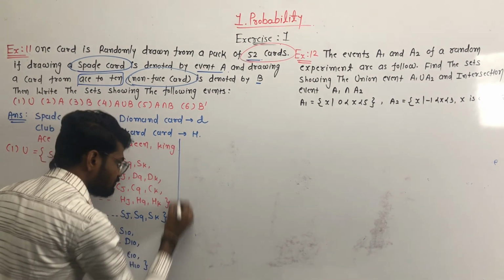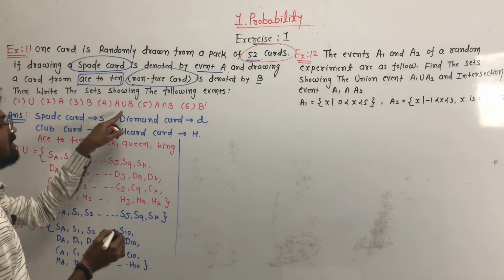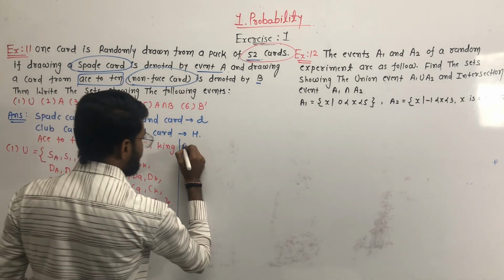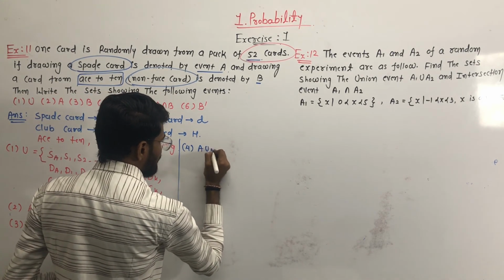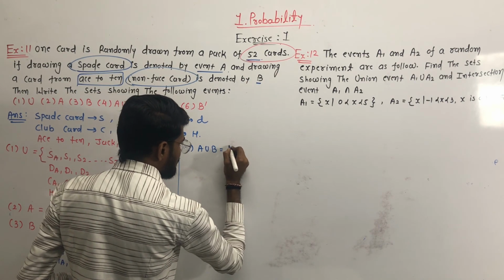Okay, now we have to find the union of events A and B. So what is this union?